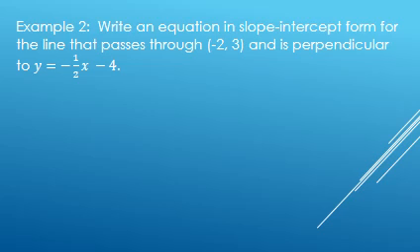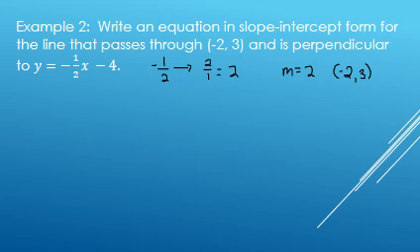So right here I've got a slope of -1/2, and the opposite reciprocal means that I need to change the opposite, or the negative to a positive, and flip the fraction. So that's going to be 2/1, which equals 2. So now I've got a slope of 2 and a point of -2, 3.